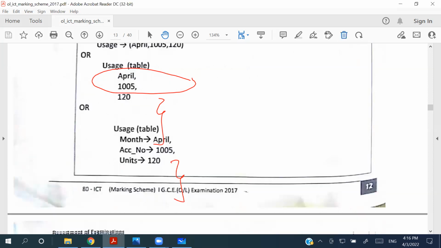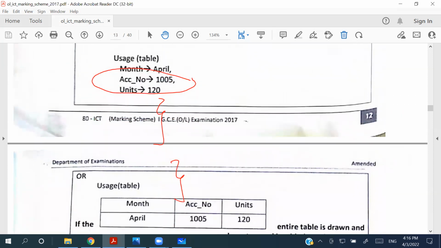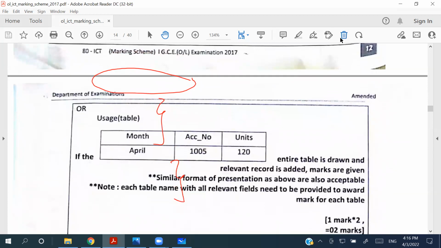That means we know something like this. Yeah, no worries. You can have the marks.